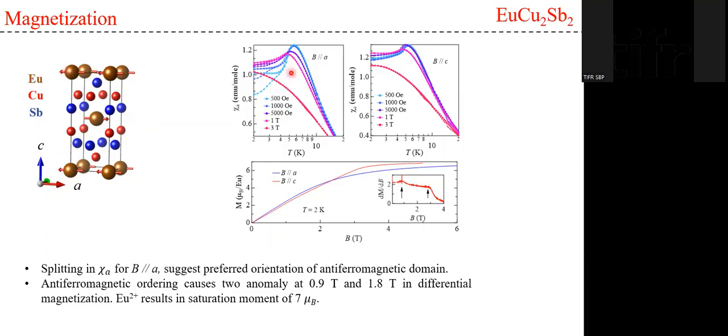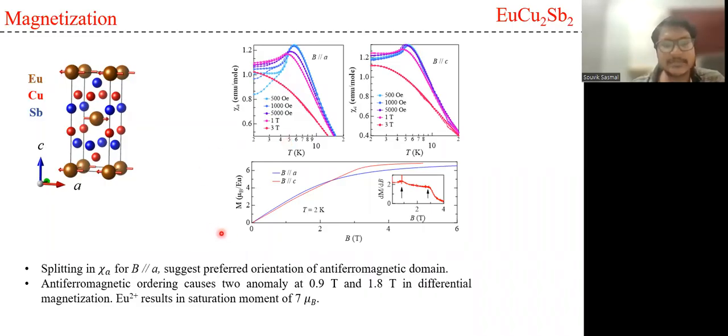Then we measure the magnetic moment as a function of magnetic field, which tries to saturate at higher field value, showing some 7 mu B moment at high magnetic field. Although it has not saturated, we need more magnetic field to saturate it.